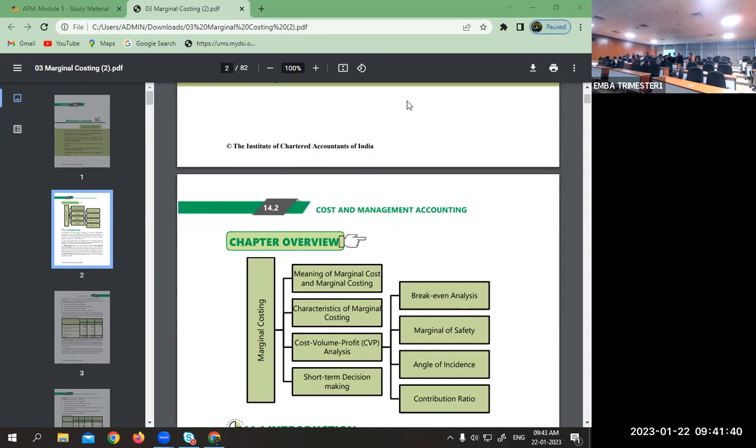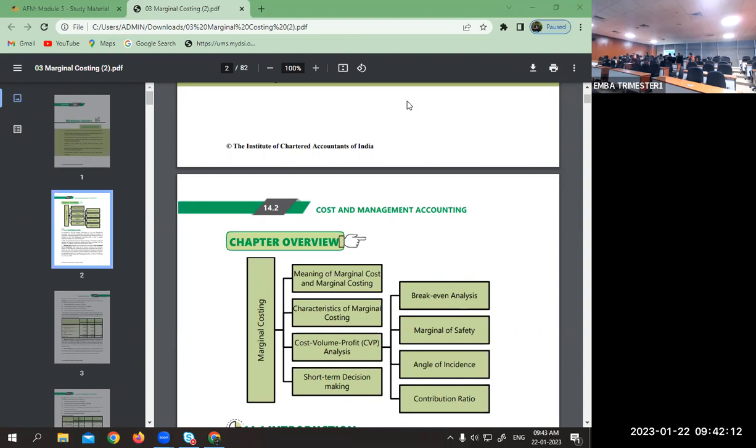Plus direct labor or direct wage plus direct expenses is equal to prime cost. This is one stage. Then plus factory overheads plus opening stock of work in progress minus closing stock of work in progress, minus sale of scrap, is equal to work cost or factory cost.